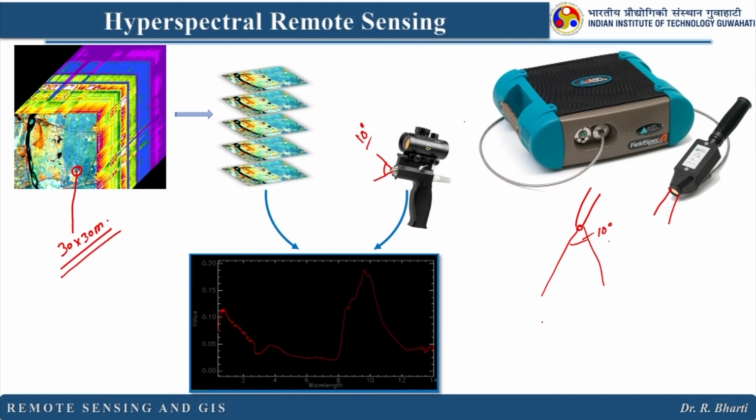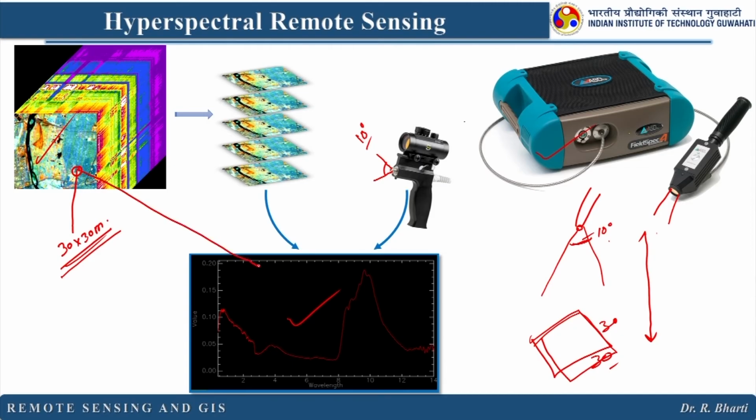Now, you have to cover this 30 by 30 meter ground. Why? Because you have to match this information measured from this particular instrument to this image, right. So, you have to make sure that you have calculated the height and this angle, and you make sure that this pixel size is 30 by 30 meter, because here also you are getting only one spectra for this 30 by 30 meter.